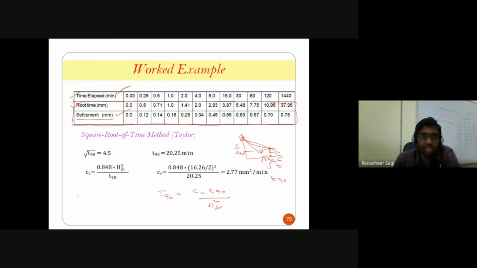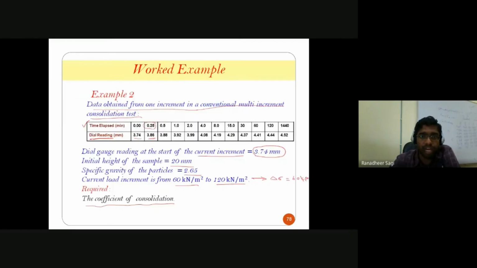Because of the load increment you have applied, the initial height of the soil sample was 20 mm. But before you started applying the stress increment, from 60 kilopascal to 120 kilopascal, a settlement of 3.74 mm has already happened in your soil sample because of the first 60 kilopascals of loading applied on the soil sample.